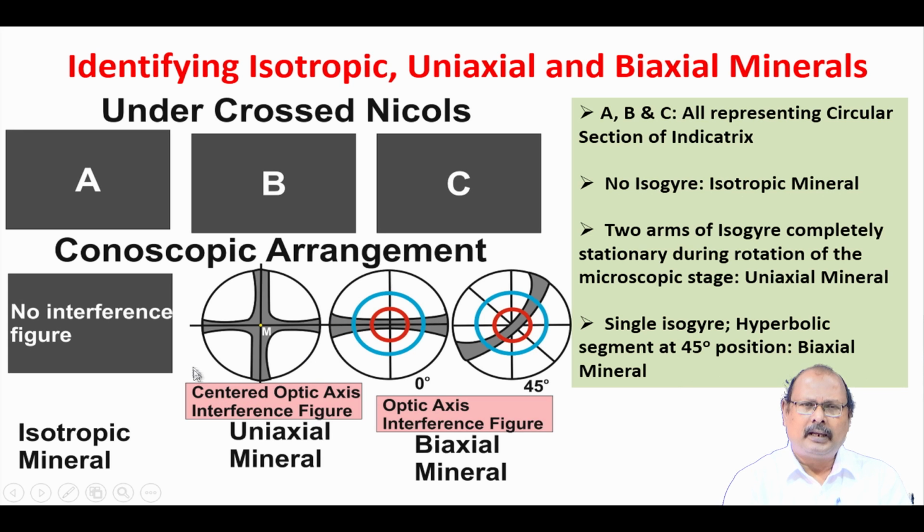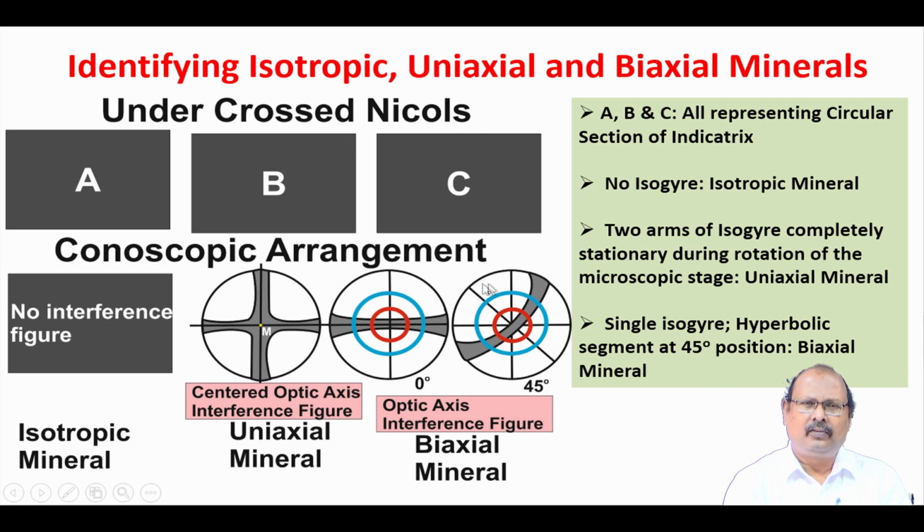So, that will be a definitive indicator that this is a uniaxial mineral. Whereas in the case of a biaxial mineral, in the optic axis interference figure, you now know you will only have one isogyre, and in the 45-degree position you will have this kind of hyperbolic segment developed here.